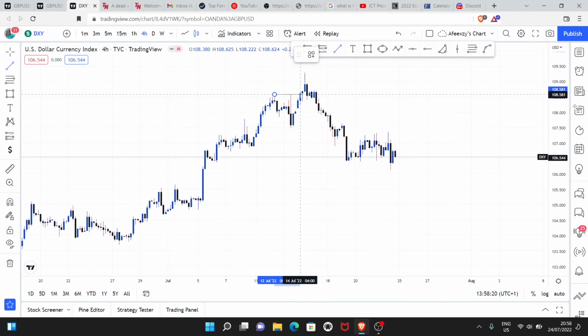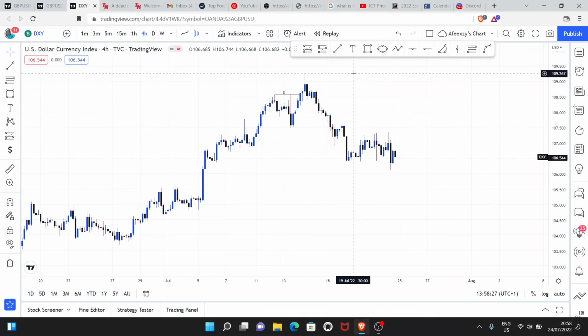On our 4-hour time frame, as you can see earlier, this was cleared last week. Then we saw a change in market structure here, which made this bearish, and it came back to fill this. Then we started plummeting down, attacking this sell side low.